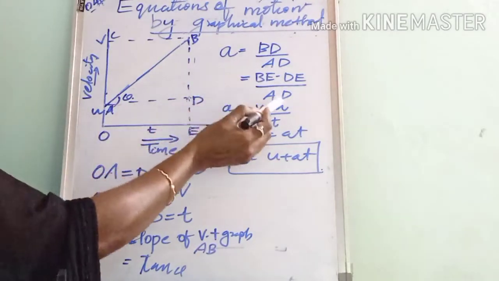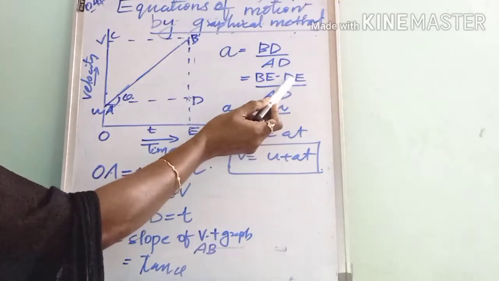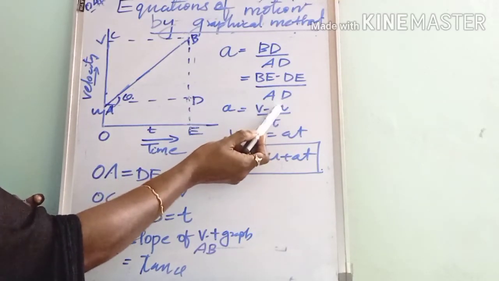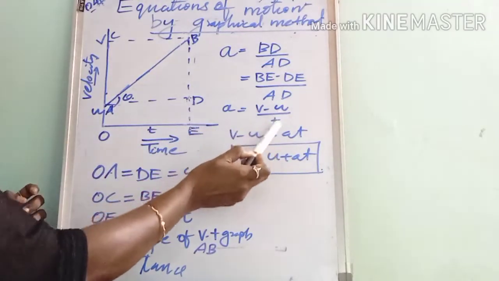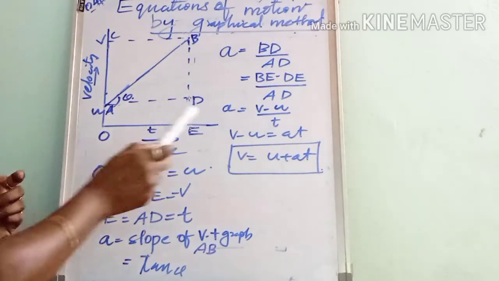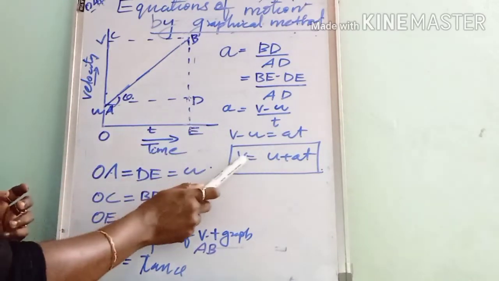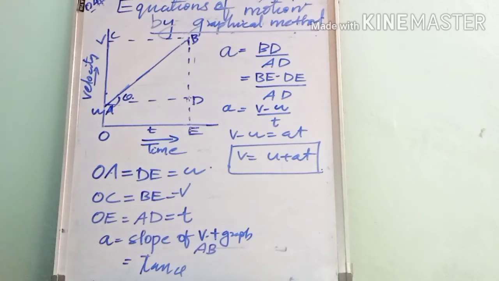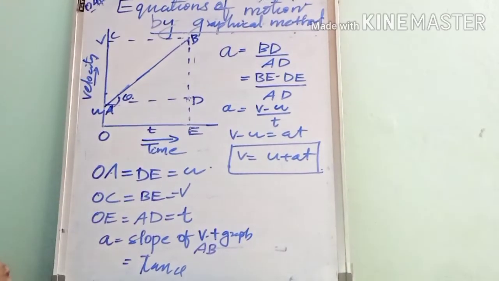Substituting the values, A equal to V minus U by T. Cross multiplying, V minus U equal to AT, so V equal to U plus AT. So we got the velocity time relation as V equal to U plus AT.